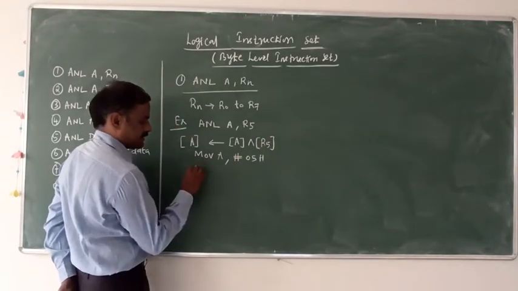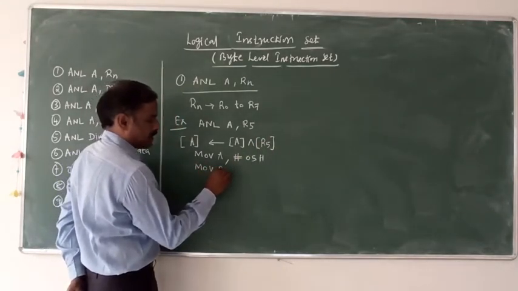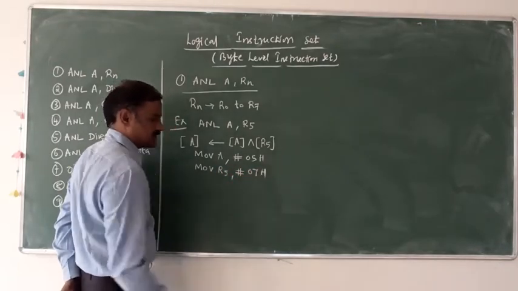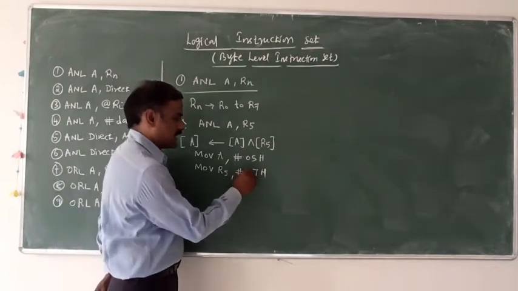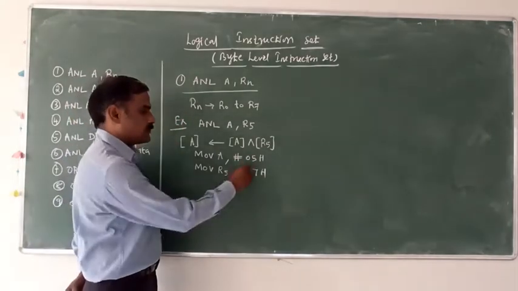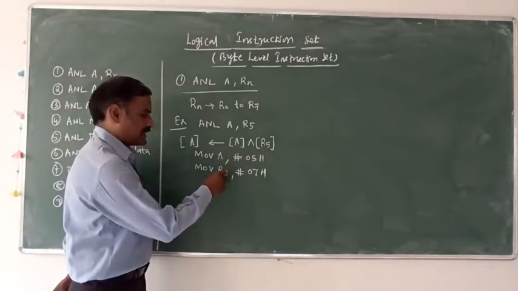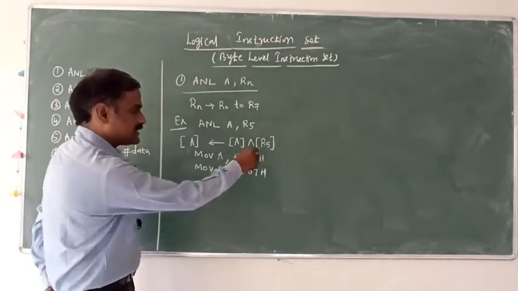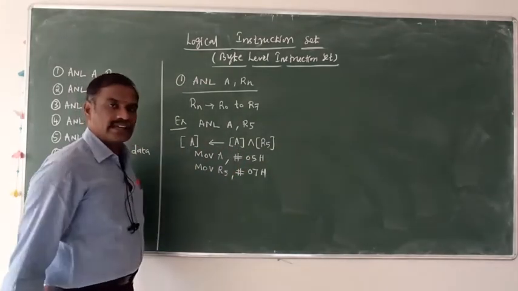In the register, MOV R5 comma 07H. Now to logically AND these two data: accumulator data 05 and the register R5 data 07. Now logically AND these two and the result moves to the A register itself.